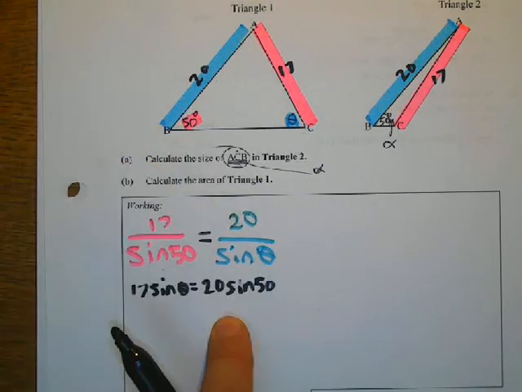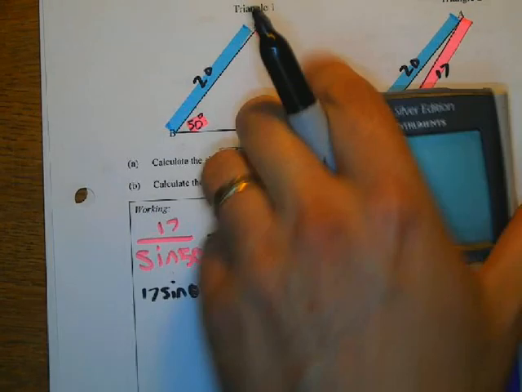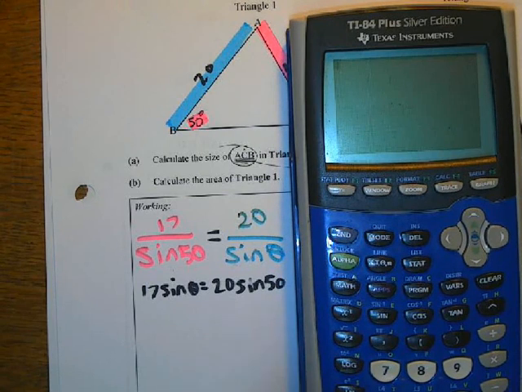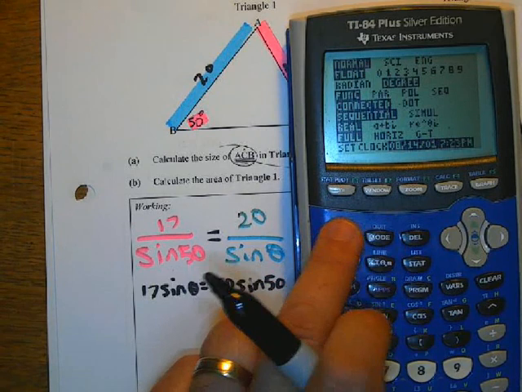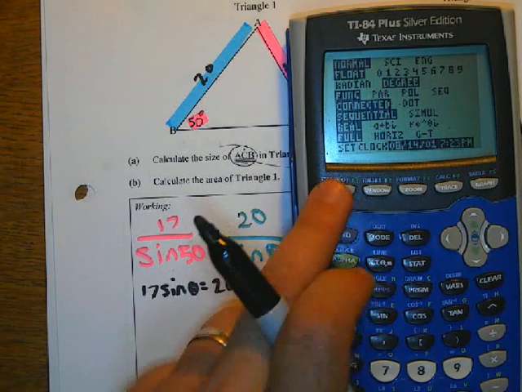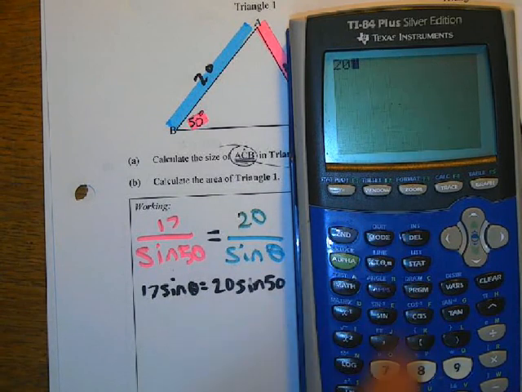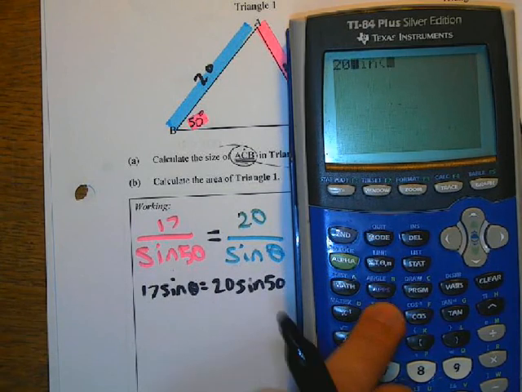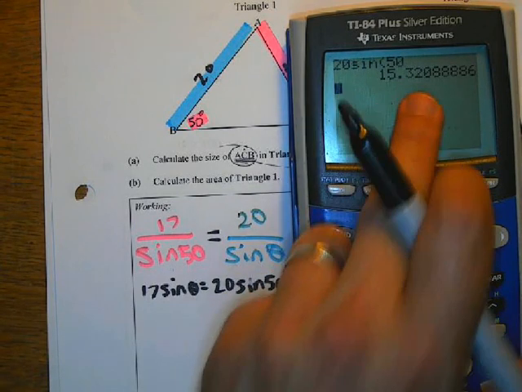So let's find out 20 sine 50. Let's make sure I'm in degree mode. Second mode gets me to check that out. You should always check that. Second mode to quit. So we want to do 20 sine 50, enter, and that gets me 15.32.